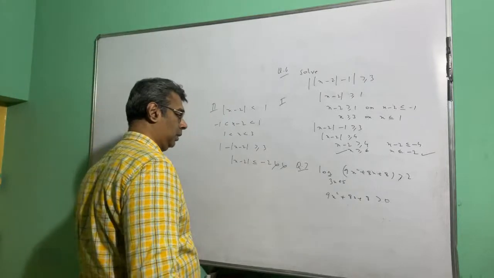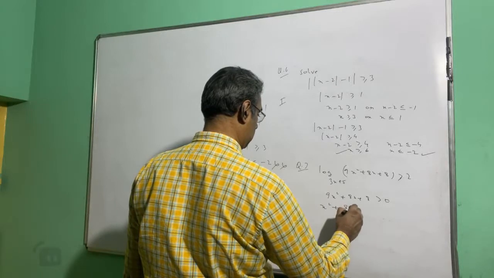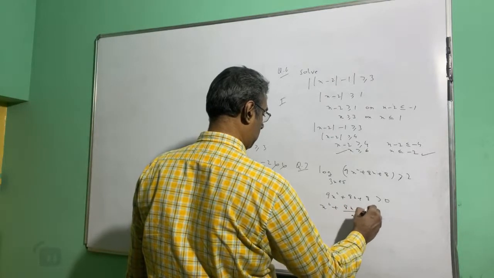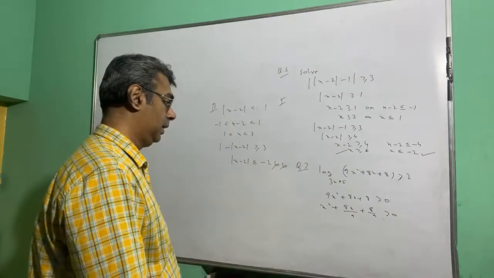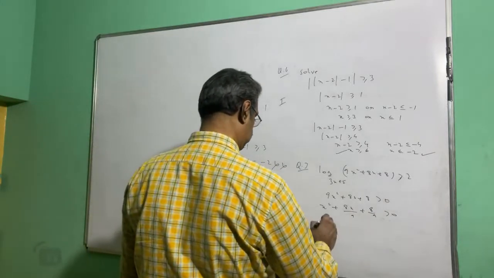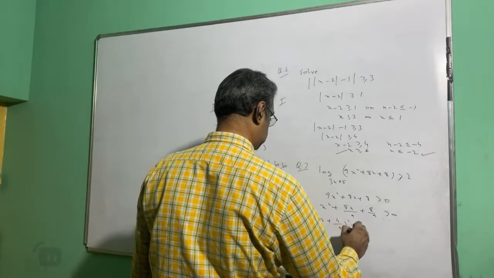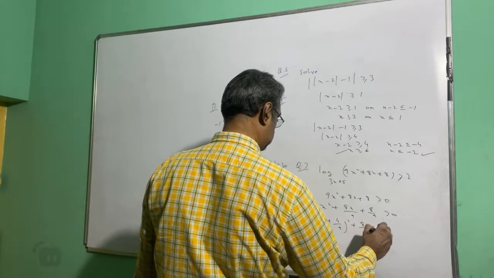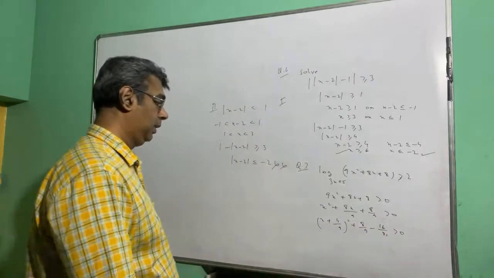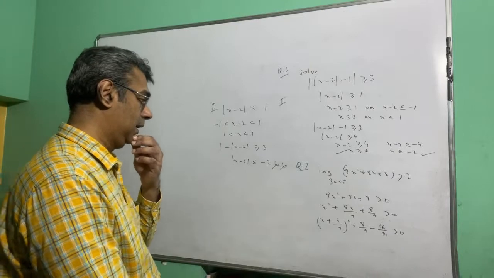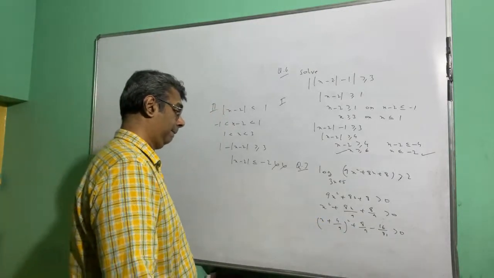Now, this 9x square plus 8x plus 8, so you will get x square plus 8x by 9 plus 8 by 9 greater than or equal to 0. So x plus 4 by 9 whole square plus 8 by 9 minus 16 by 81 is greater than 0.